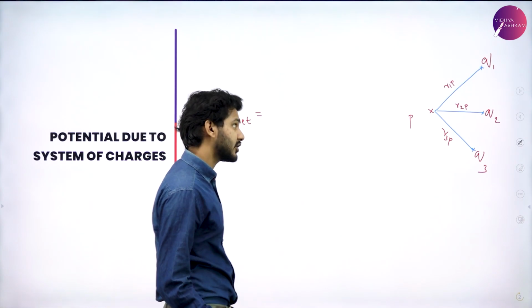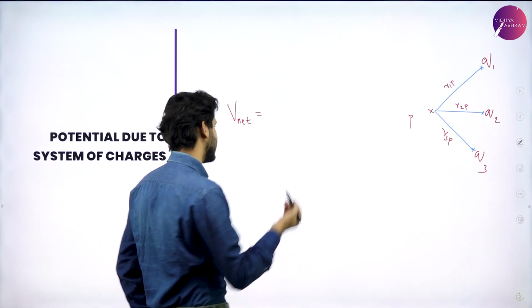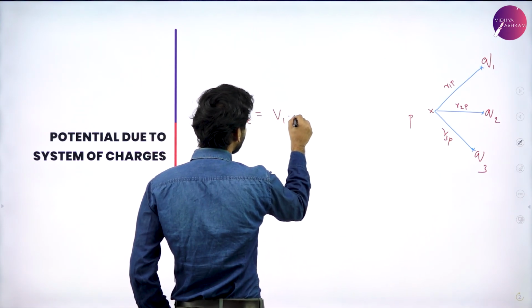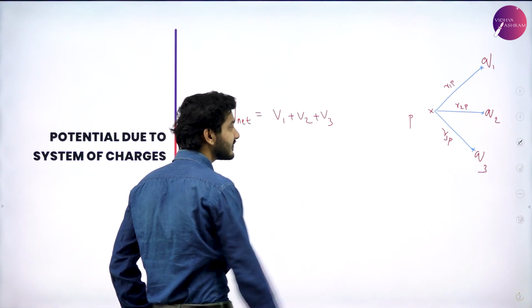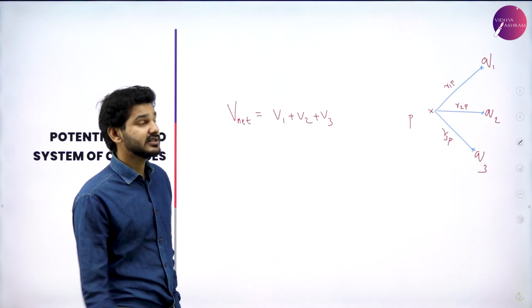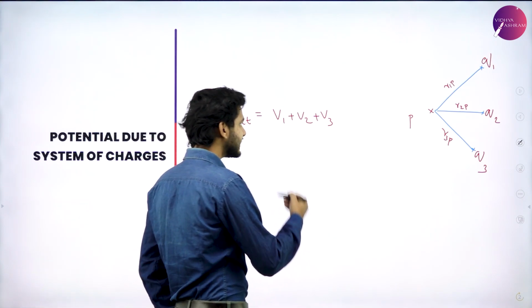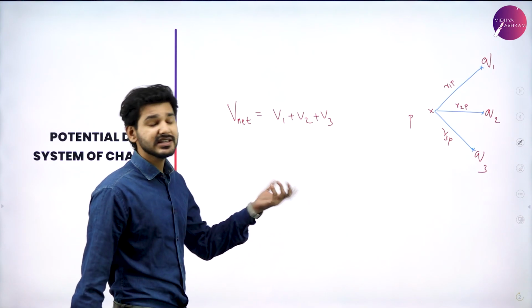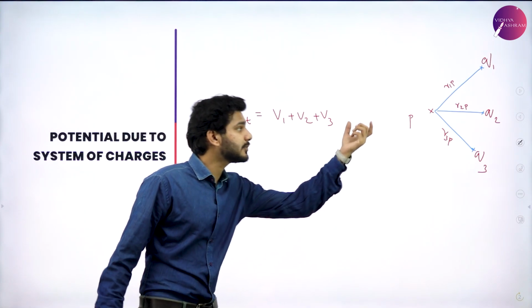That is, it will be the potential due to Q1, Q2 and Q3 added together. That is, we can write it as V1 plus V2 plus V3, and if there are n number of charges, this will continue up to Vn. So we can just say that it is the sum of the individual potentials added together to give the total net potential at a particular point.